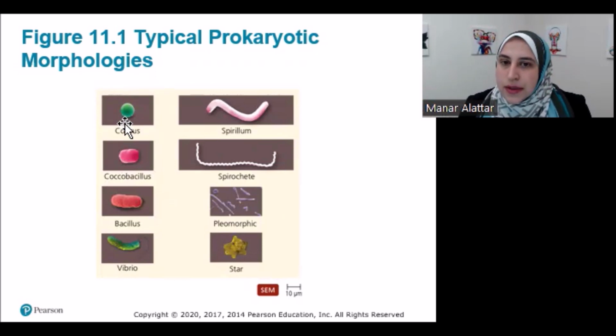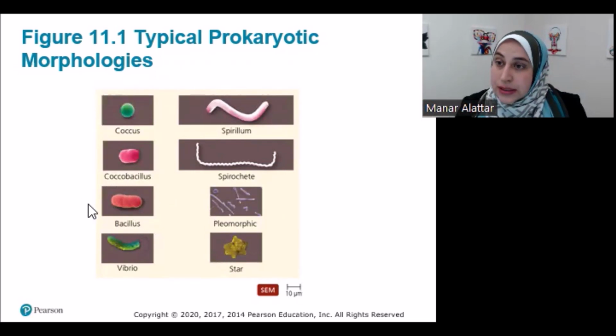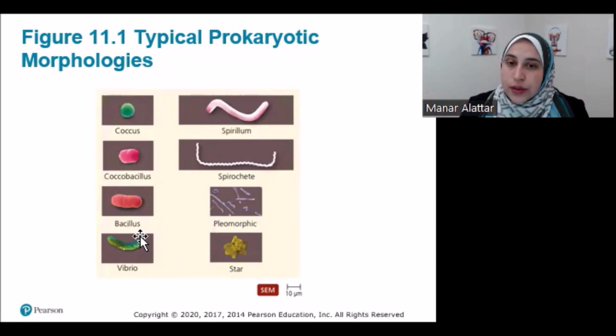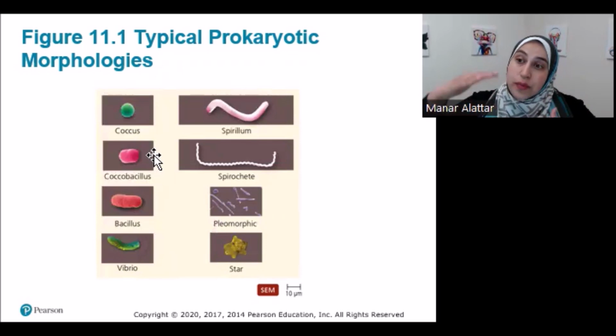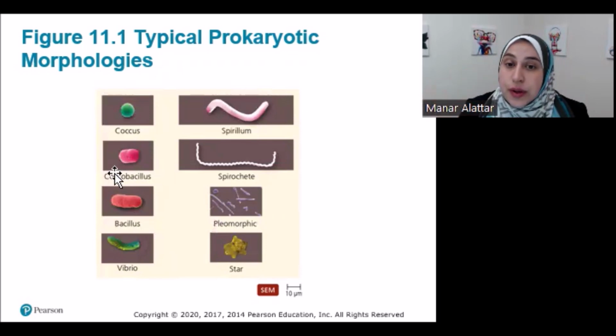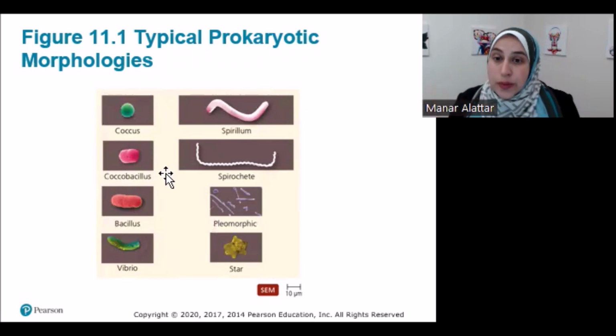But most commonly, we have cocci, which are spheres, or rod-shaped organisms, which are called bacilli, or spirillum, which are small, short spirals. But we also have variations among those shapes, where we have some organisms that have a shape in between a coccus and a bacillus. We call those coccobacilli.